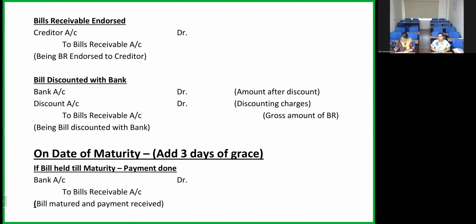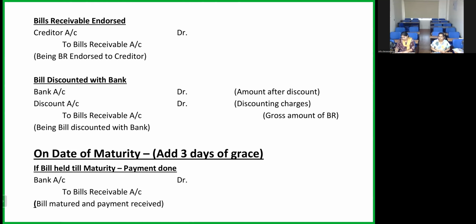See, either we will have one, two, or three options only. Either of the options we will have to select. So if I'm not endorsing, then I can discount it. We can exercise one option at a time. Okay. So I'm discounting it.